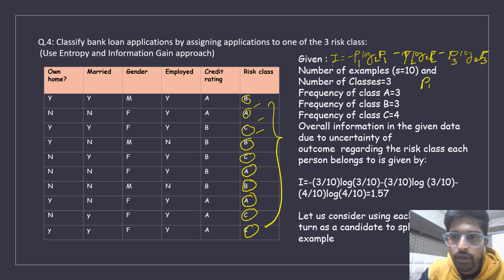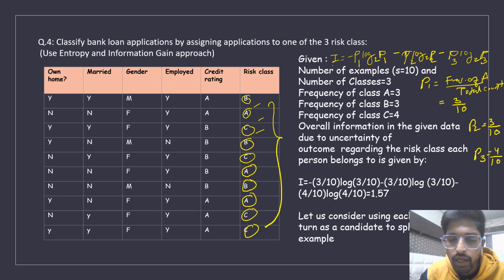So P1 would be equal to the frequency of A divided by the total count, which is equal to 3 by 10. Similarly, P2 would be equal to 3 by 10 as well, and P3 would be equal to 4 by 10.